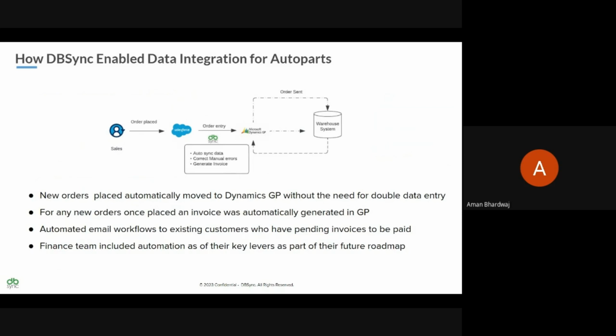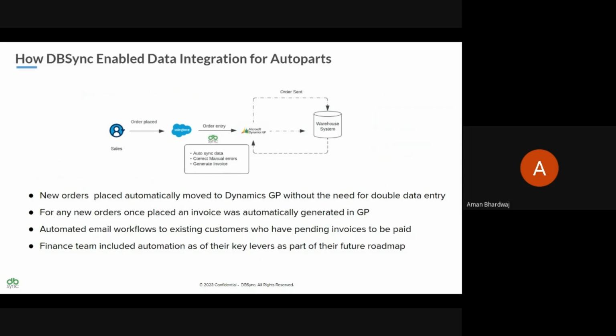So they went in and looked at BB Sync, and I think the first area that we identified was, whenever a new order was placed in the system, it should automatically move to their accounting system, which was Dynamics GP, without the need for double data entry, right? So you could put in an order, and that order could automatically move to their accounting system. Now, what you could additionally do is, when this automated data movement happens, the invoice could be generated.